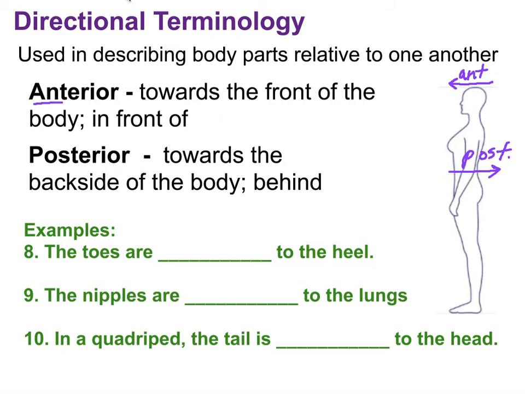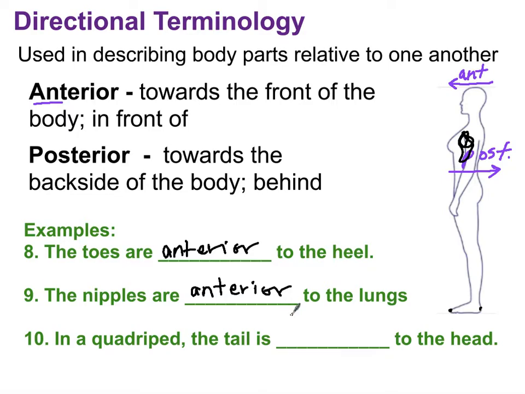All right, let's see how you did. So the toes in relation to the heel, those are closer to the front, so that's going to be anterior. The nipples in relation to the lungs, which are right in here-ish area, those are going to also be anterior.